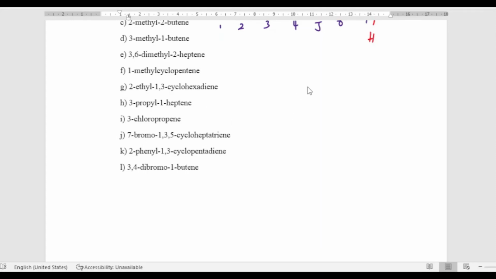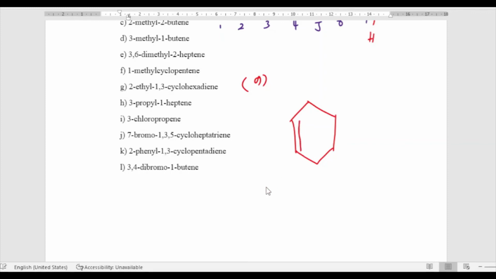So you draw 6 carbon in a ring structure. Then the double bonds are at carbon 1 and 3. You can draw the double bond anywhere you want. For me, I will draw here.